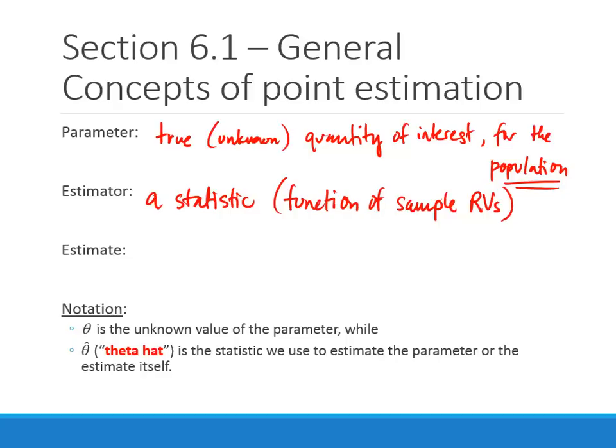And then, to be very picky here, the slight distinction between estimator and estimate is that the estimate is the actual calculated value that I get here. So this is the value of the statistic, and this is calculated for one particular sample.